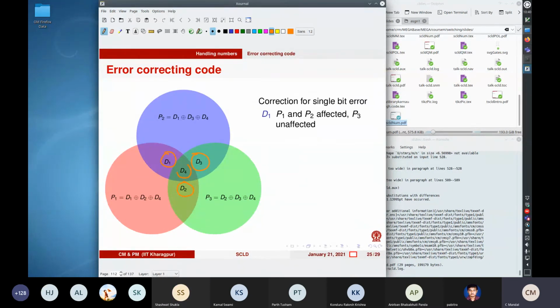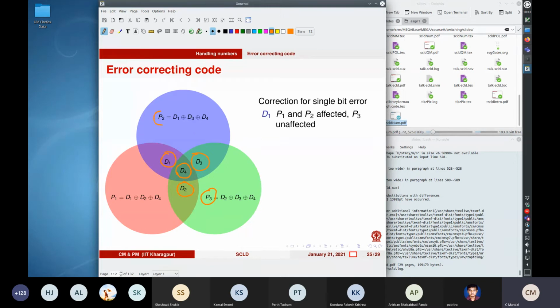These are your four data bits. Let us say you got these four data bits. Now to these data bits, you want to add some extra bits to achieve error correction. So the extra bits are parity bits defined on subsets of these four bits.